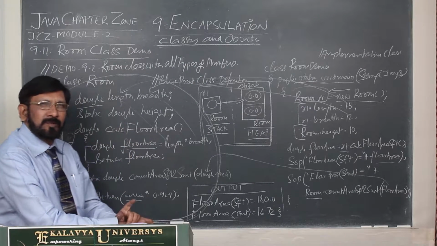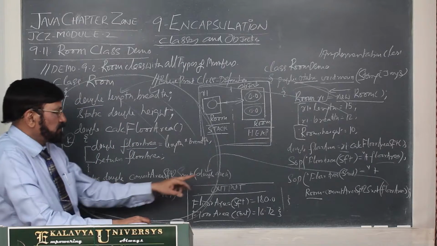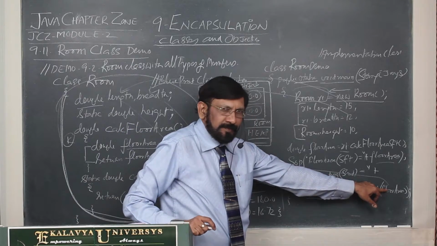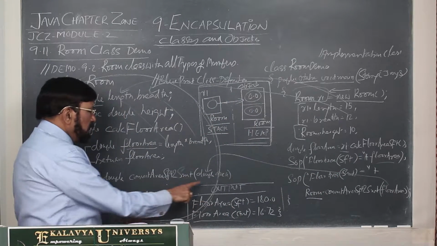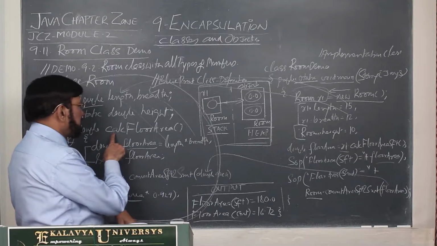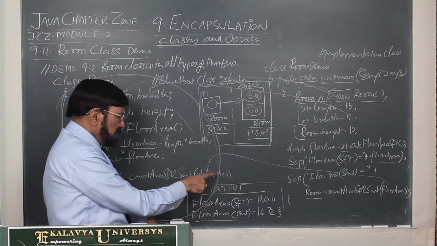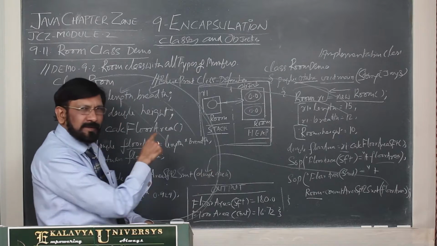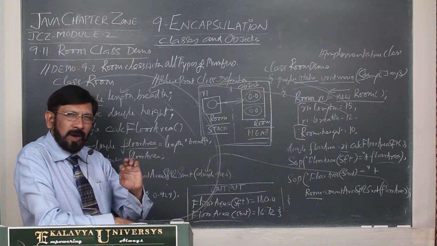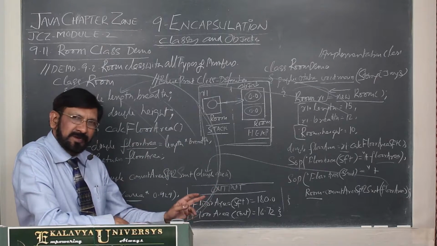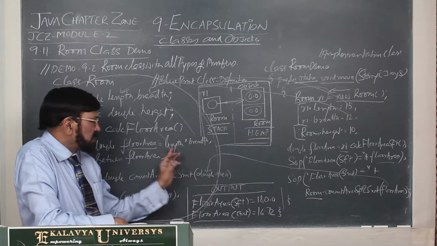And now one more alternative I am telling you. Without getting it from here, if you want, here you can call the calculate floor area method, then you can get it. However, I don't want to complicate the issue. First, learn one alternative and master it. Thereafter, whenever the context comes, I will tell you.